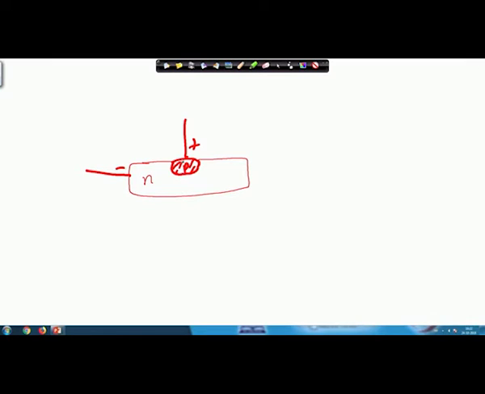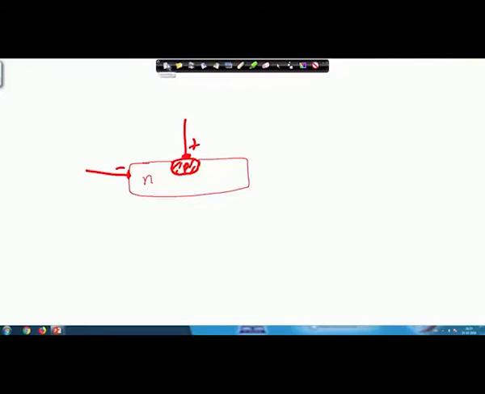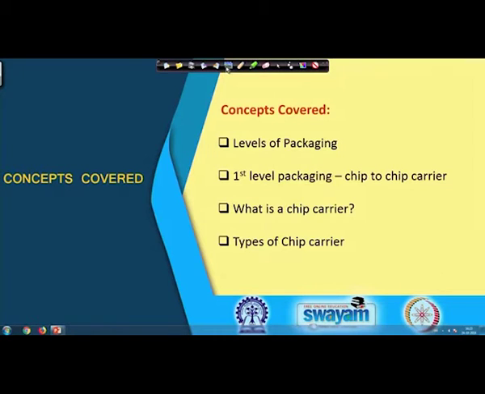The point I am trying to make is, let us say there are millions of these devices on a piece of silicon semiconductor chip, and each of those would need these connections to come out and finally go to the power supply that we have. That is where the first level of packaging comes in. How do I get these connections out? That is where the concept of a chip carrier also comes into the picture.